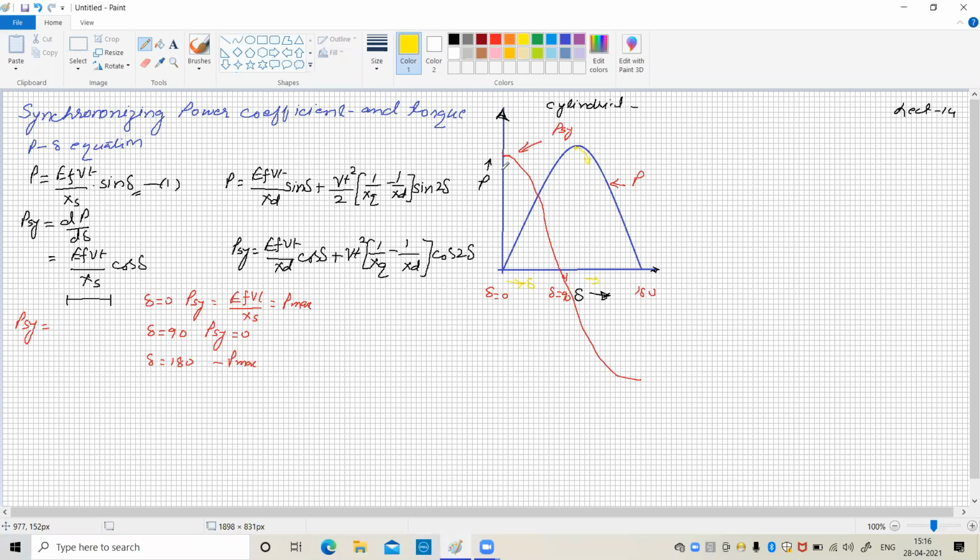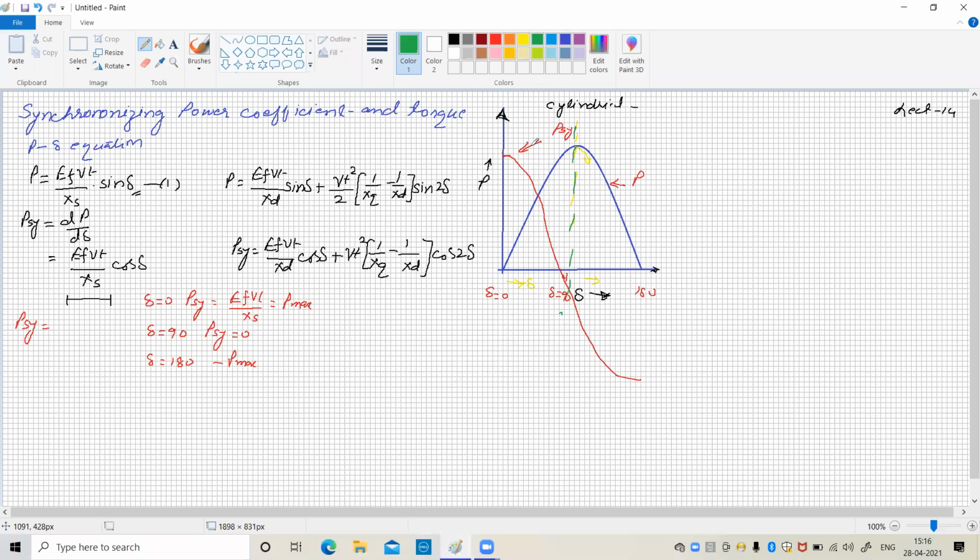So there is no meaning to increase the power, to increase the load on the system, whereas the output power or active power gets decreased. So we can say that up to this point, so I will draw with a different color. Up to this point, the system is stable.